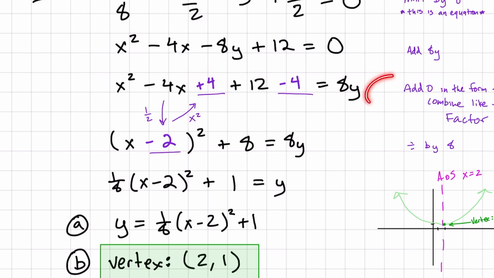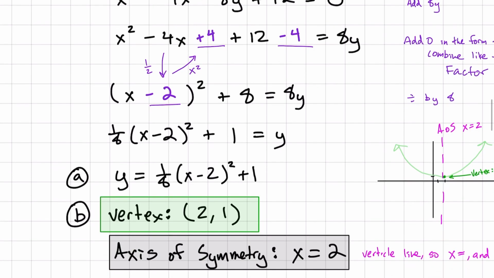I don't need a constant on the right-hand side, so since I added 4, in the same exact step I subtract 4. Really all I've done between these two steps is add 0, plus 4 minus 4, so I haven't changed the value of the problem. If I didn't want to do it there, I could have added a 4 on the right-hand side, but that would just take more manipulation later.